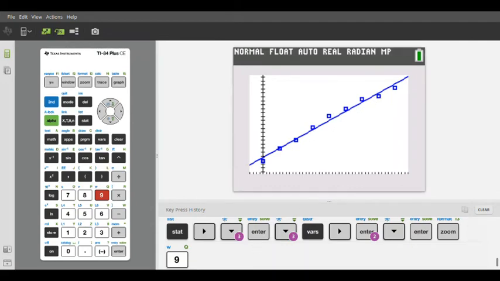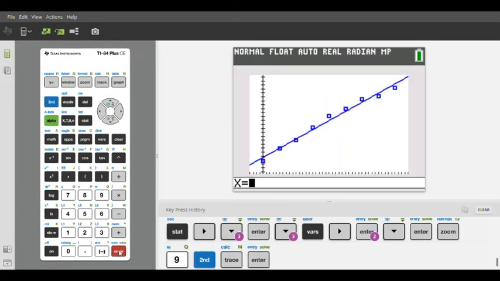Remember the next question wanted you to find was to predict the percent of U.S. adults with diabetes in 2027. You can't just type in 2027 for x. You can still do second, calc, value. 2027 is how many years after 2010? It's 17 years after 2010.